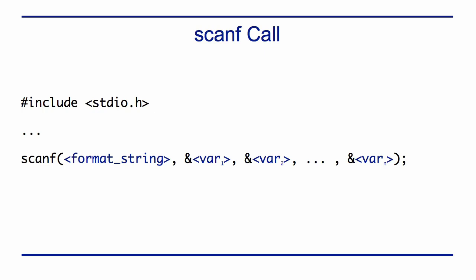Notice that the parameters supplied to scanf must be pointers to the variable rather than simply the variable itself, unless the variable itself is a pointer or an array name. We will discuss these later. For now, we can just say that each variable's name should be preceded with the ampersand symbol.